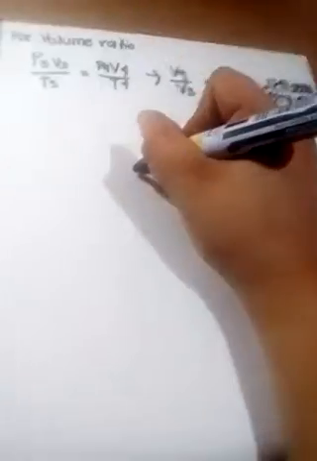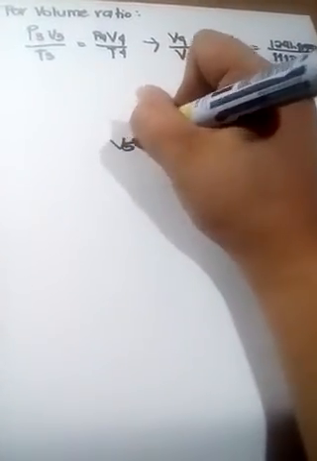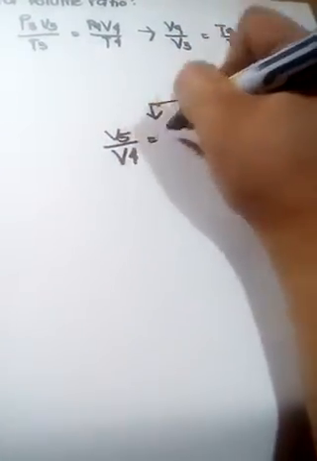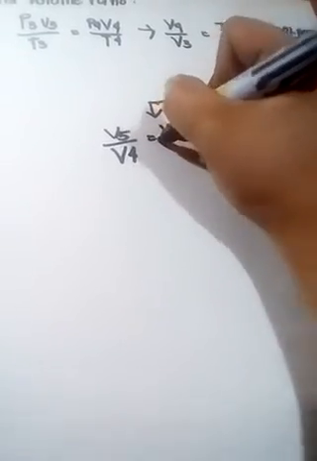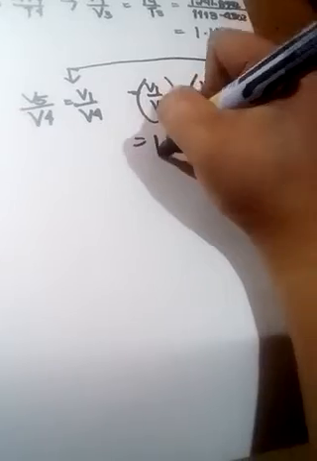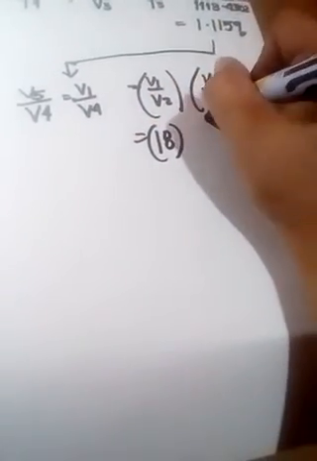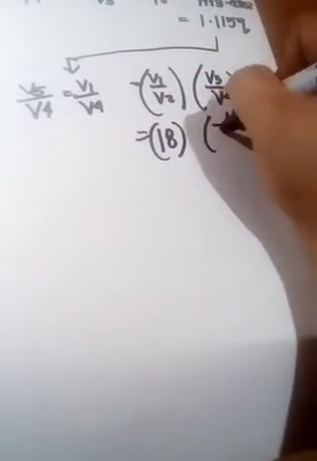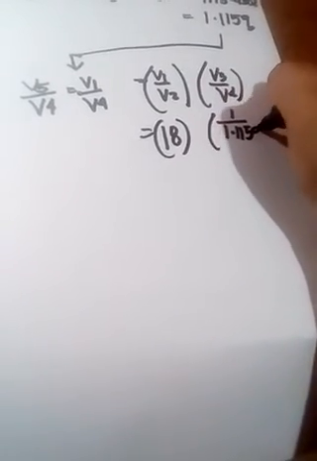From this, we have the equation V5 over V4 is equal to V1 over V4, which is equal to V1 over V2 times V3 over V4, where V1 over V2 is 18 and V3 over V4 is 1 over 1.1159.